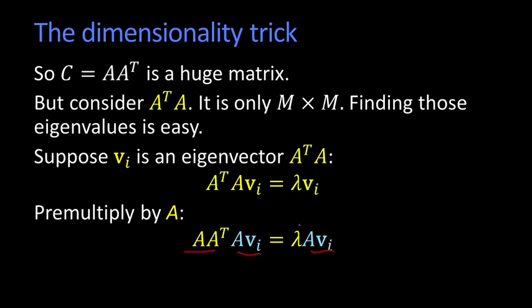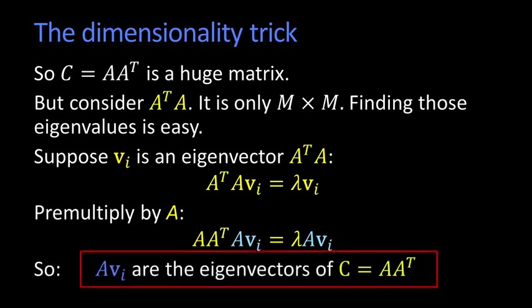Look at that equation. What do you see? What you see is that the A v_i are the eigenvectors of A A transpose. Remember, A A transpose is that big, ugly matrix, C?